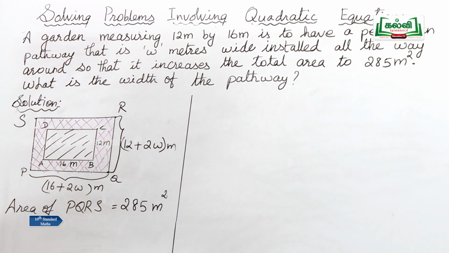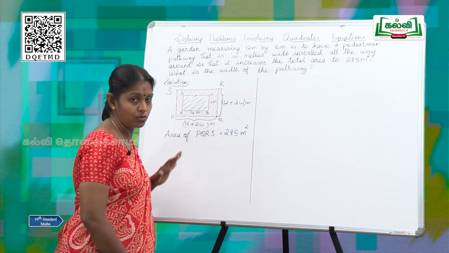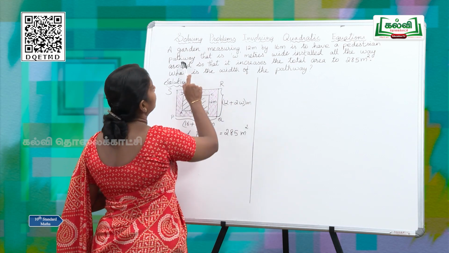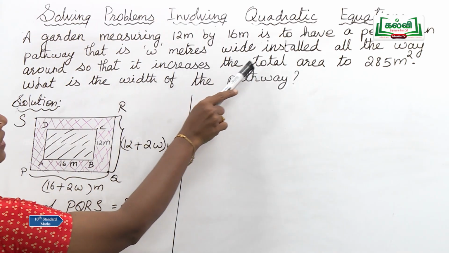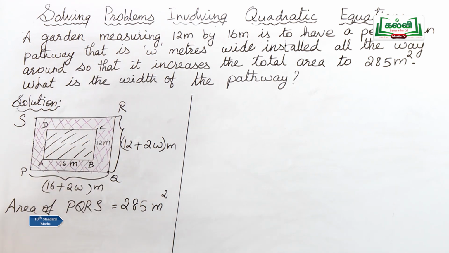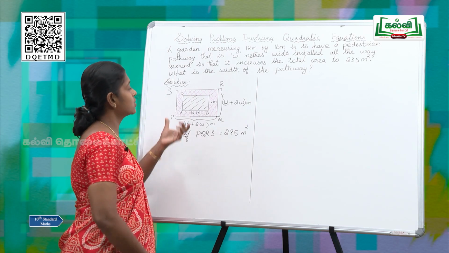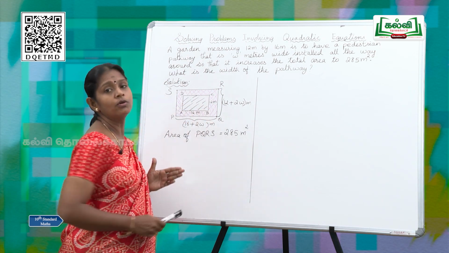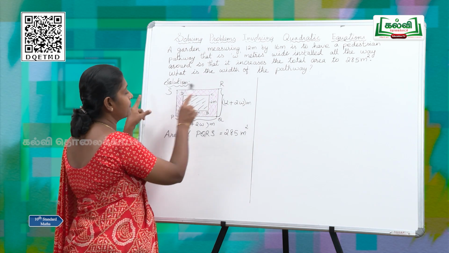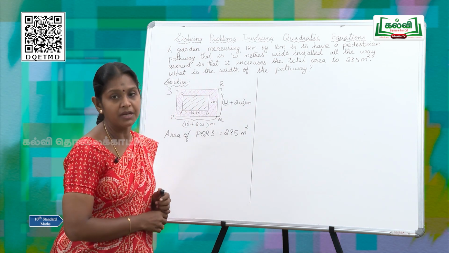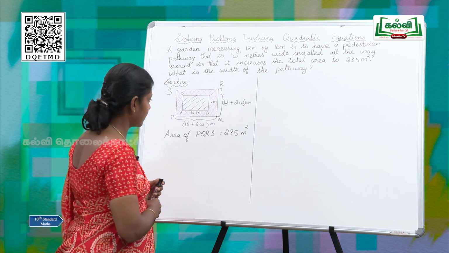We have to use this clue and make the quadratic equation. The pathway that is W meters wide is installed all the way around so that it increases the total area to 285 meters squared. Actually, we do not know the area of this, but that area increases to 285. So, at last the area of PQRS is 285 meters squared. This is the second clue.